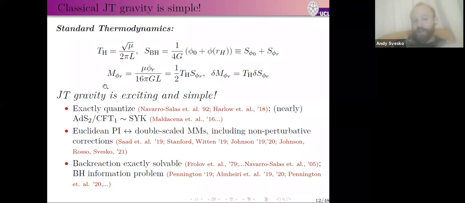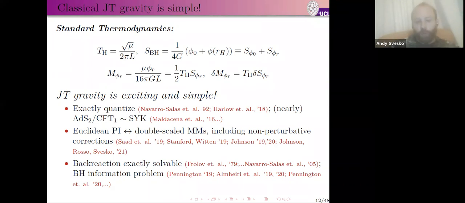One is that you can exactly quantize the theory using Hamiltonian methods. It also provides a nice, concise example of AdS/CFT. More recently, it was shown that you can compute the full Euclidean path integral, including the sum over topologies and geometries. That's because there's a duality between Euclidean JT gravity and a particular type of double-scaled matrix model.